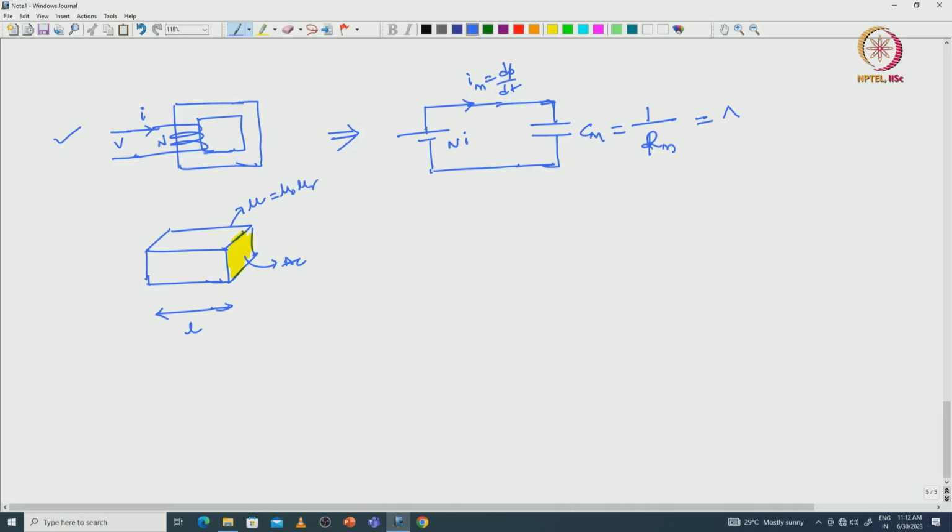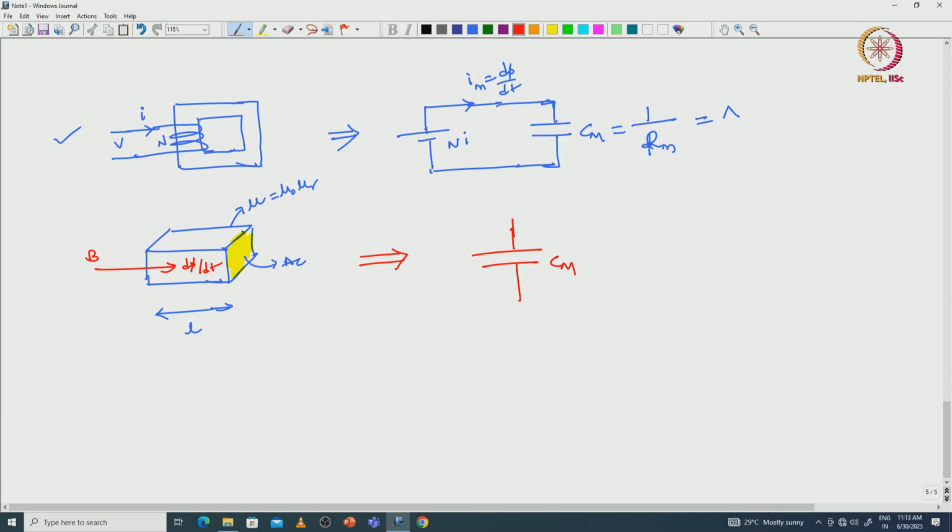Mu naught is the permeability of free space and mu r is the relative permeability of the material, and B fields are flowing in this direction. We have to represent d phi by dt as a flow variable. Now we have to represent this as the equivalent of a capacitance, the magnetic capacitance Cm.